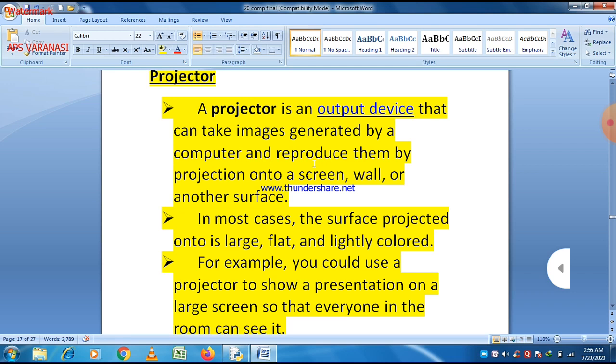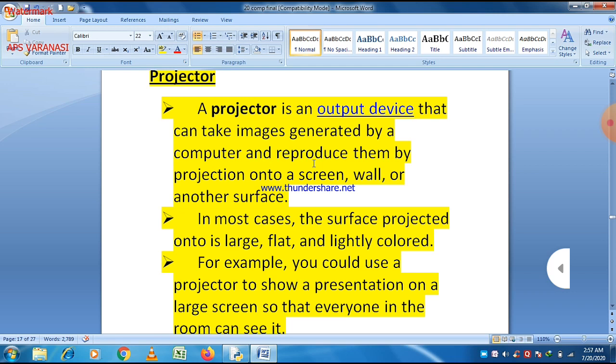These are basically used to give lectures or presentations over a topic when there is a big audience. In most cases the surface projected onto is large, flat and lightly colored.